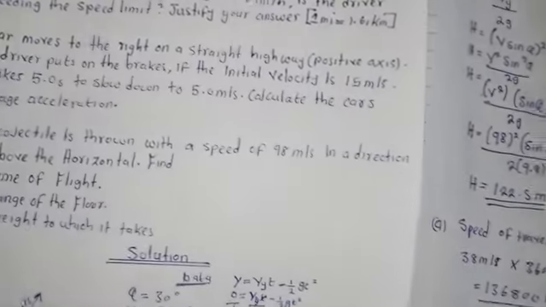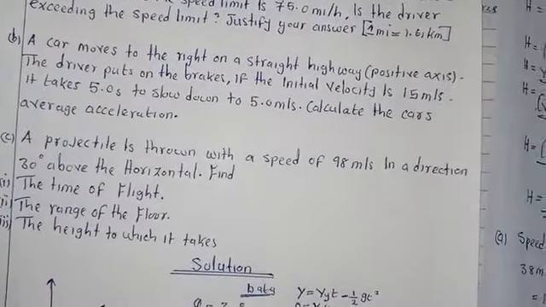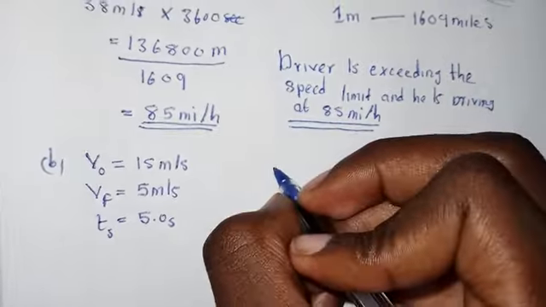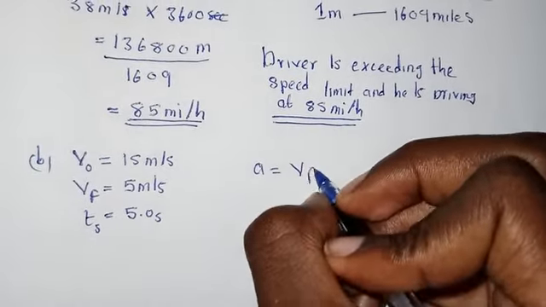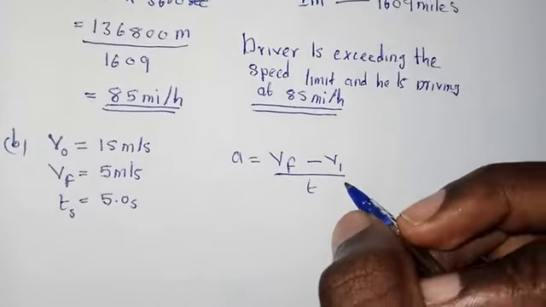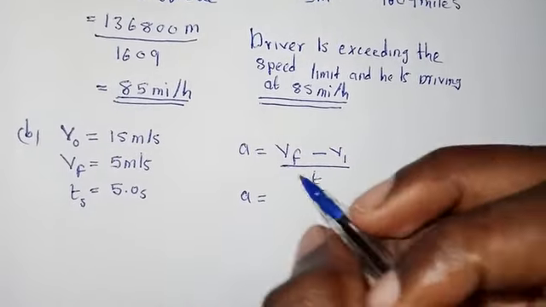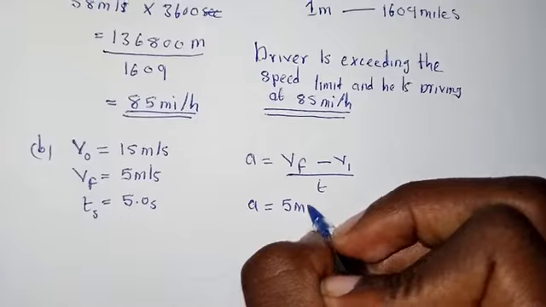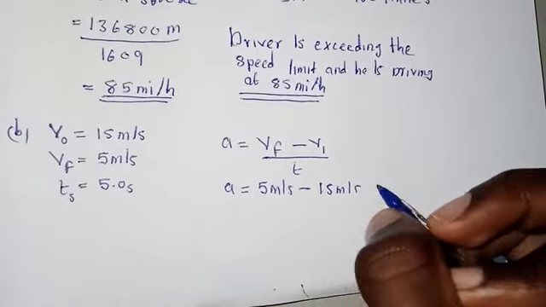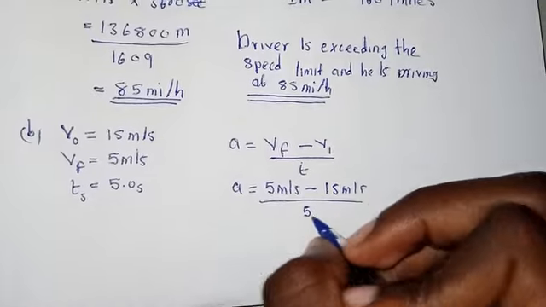Okay, I'm sure you've seen the question. This is our data. We know that acceleration is equal to v final minus v initial over the time taken. So acceleration is equal to 5 meters per second minus 15 meters per second, over 5.